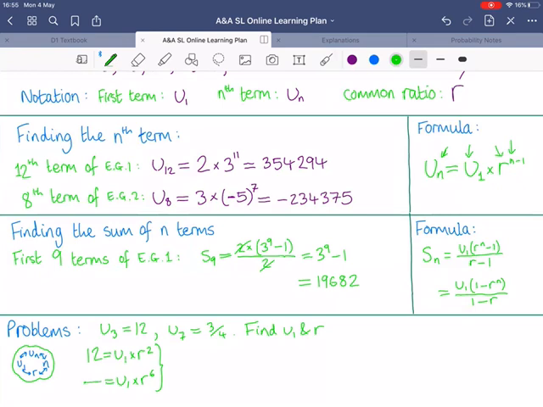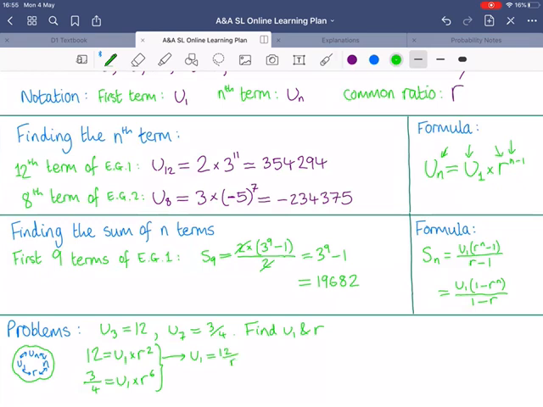So u3 is 12, and u7 was 3/4. Now we have two equations with two unknowns, and we can solve it through any systems of equations method. And I might want to use substitution.